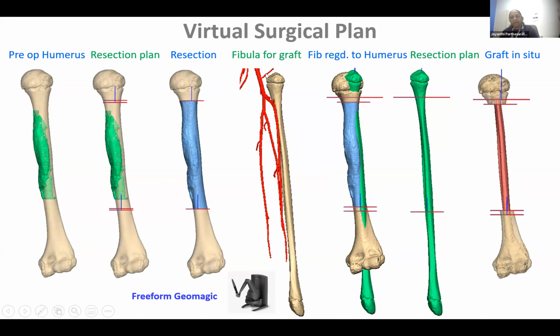When we have the CTA, we also have the vasculature which comes in, and then we overlay that, and then we do the resection, and we do about 5 millimeters addition of the humerus, so 5 to 7 millimeters, depending on the surgeon's preference. So we are able to show this into the marrow space.